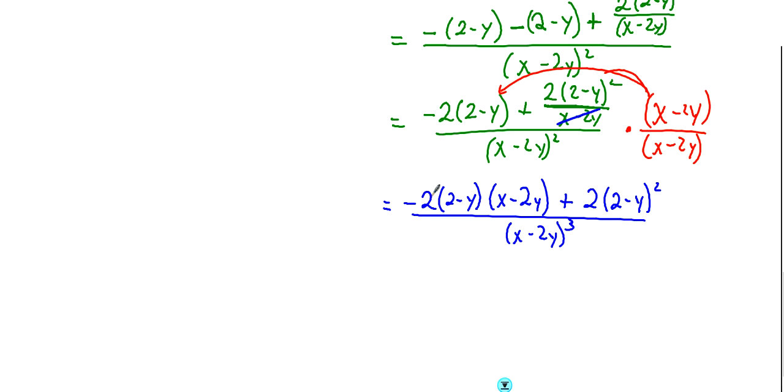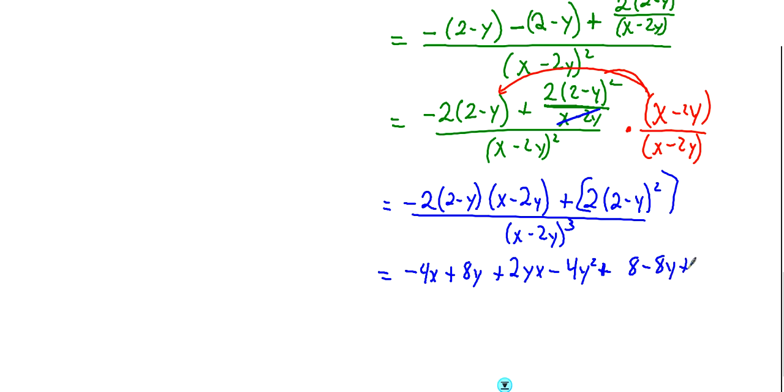Okay, so we're going to distribute the first two terms, and when we do that, we get negative 4x plus 8y plus 2yx minus 4y squared plus, and when we FOIL this part out right here, we get 8 minus 8y plus 2y squared all over x minus 2y cubed.